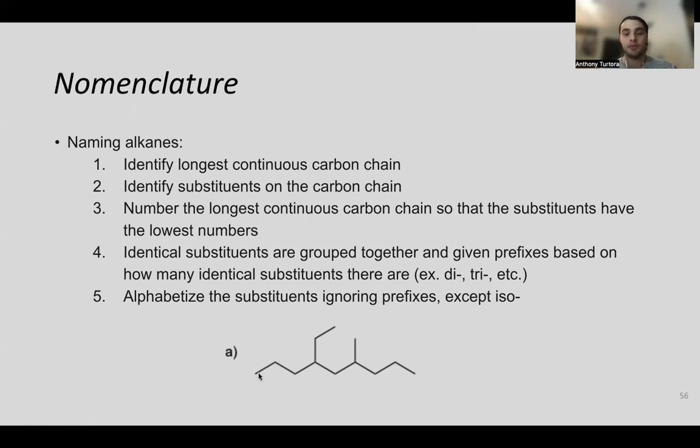So naming this molecule, I know I have 9 carbons, all single bonds, so it's going to be nonane. So I'm going to start this way and be 1, 2, 3, 4. I run into an ethyl, so it's going to be 4-ethyl-6-methylnonane.